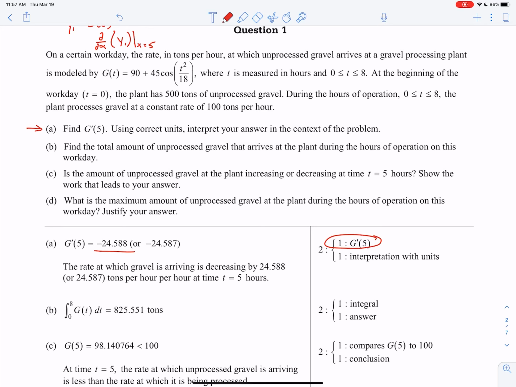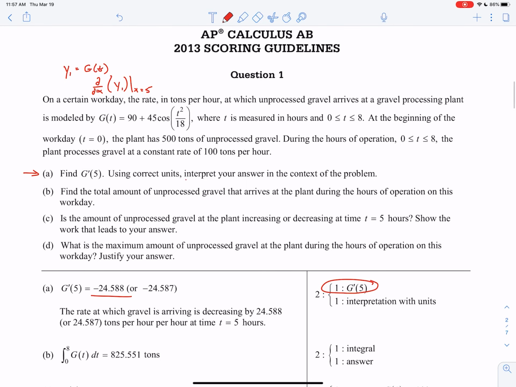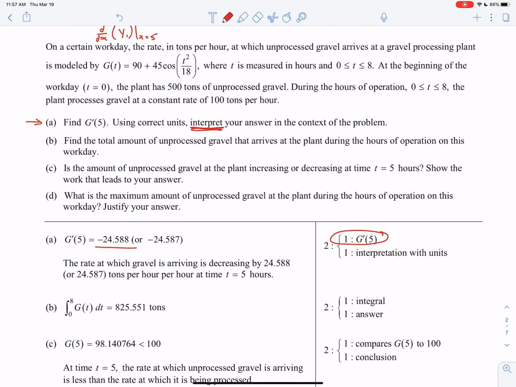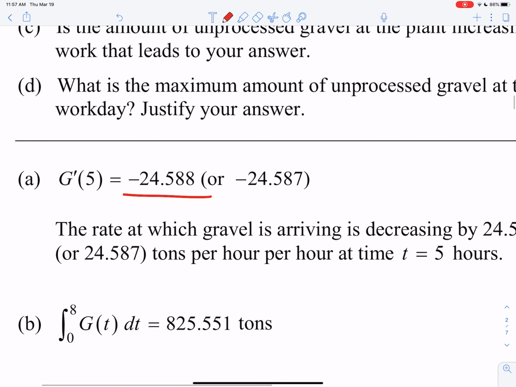But they also ask you, using correct units, interpret your answer in the context of the problem. So a good measure to do, we just figured out that the derivative came out negative. Remember the implications. When a derivative comes out negative, that means the original function is decreasing. Now we need to give it some context. Now what the heck is g?